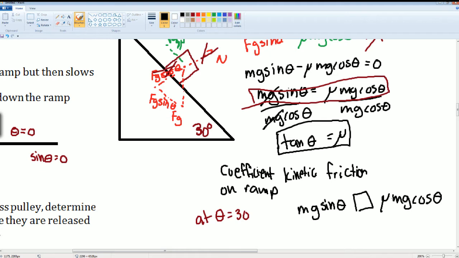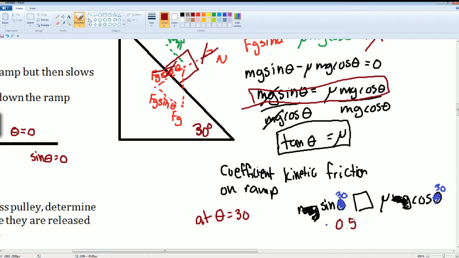Again, you can ignore the mg, they both cancel out. So the only thing you care about is the sine theta part and the cosine theta part with the mu. So take this out, put 30 right here. What is sine of 30? Sine of 30 is 0.5.